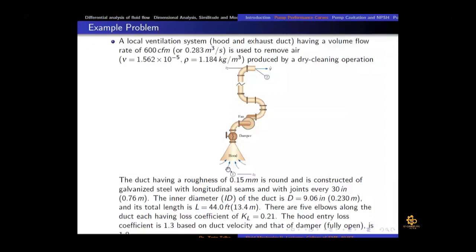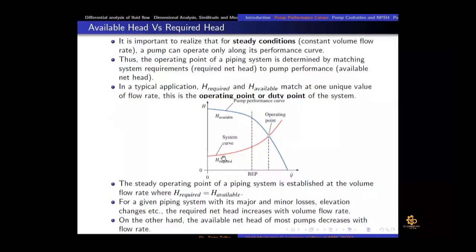The calculation we are going to perform is only the required head calculation, and we are going to perform it at only one volume flow rate value. It needs to be done at different volume flow rates to get this curve, right? And we will come to that in a minute.